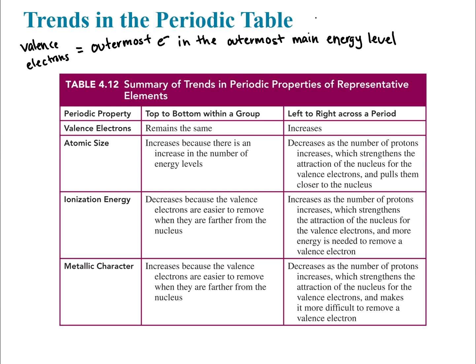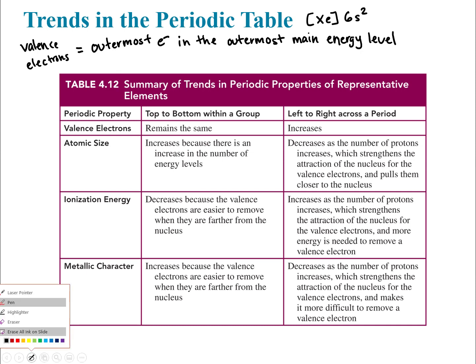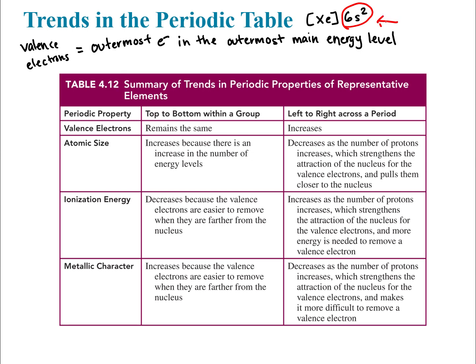In our last configuration for barium, this was our configuration, the abbreviated configuration. The electrons in the 6s2 would be the valence electrons. The configuration of those valence electrons would be 6s2.